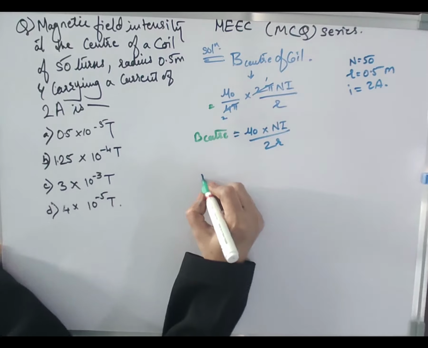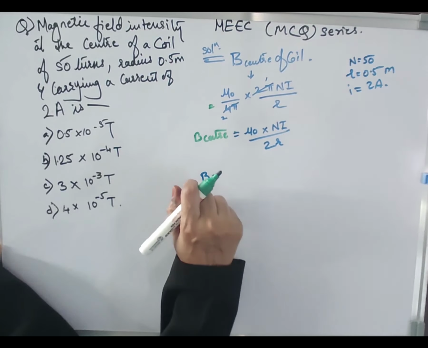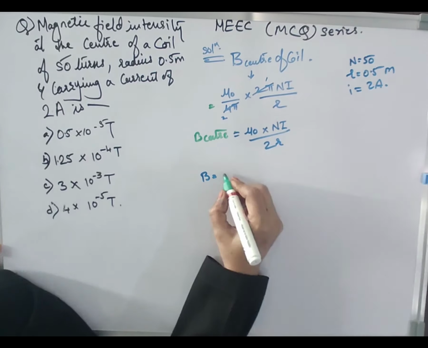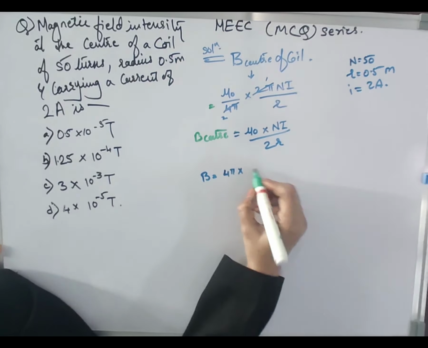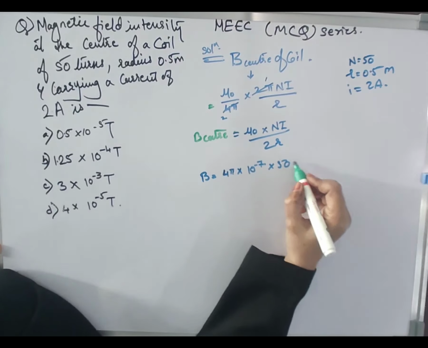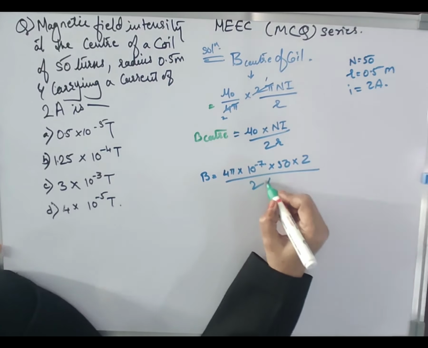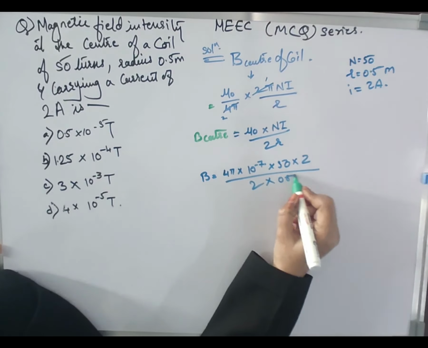Now putting the values here, what we get is 4 pi into 10 raised to minus 7 into 50, which is N, into I, which is 2, the whole upon 2, and R is 0.5.